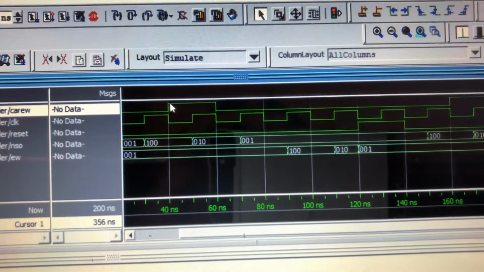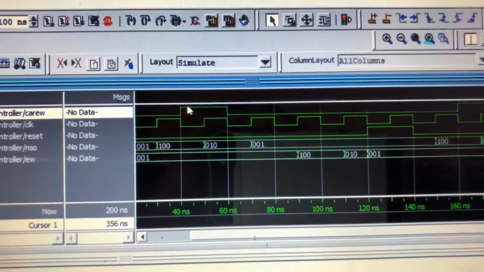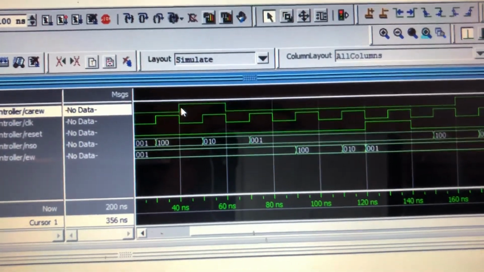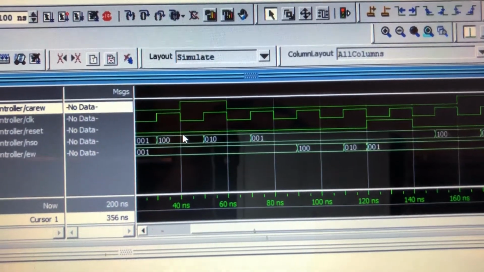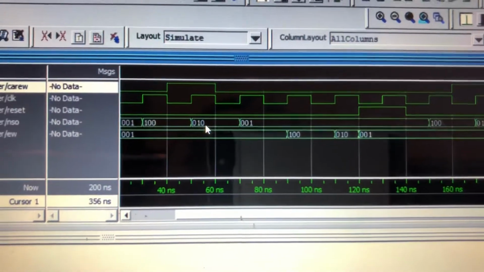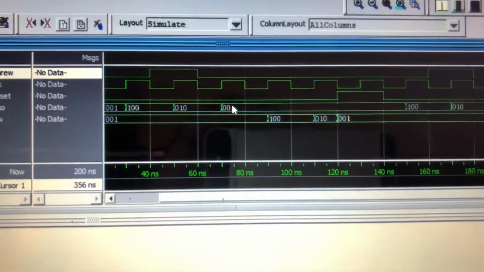Now, the sensor is detected, meaning the sensor is 1. So if it's 1, we're going to transition the north-south direction to a yellow light, which you can see here. I have 010 on the north-south direction, which is yellow, and then it's going to go red.